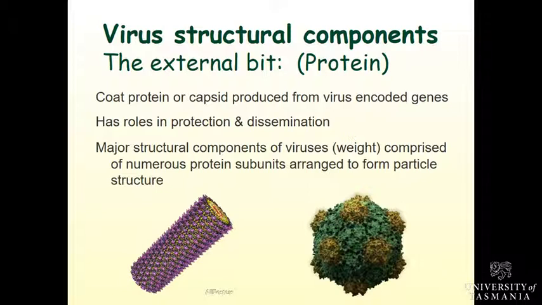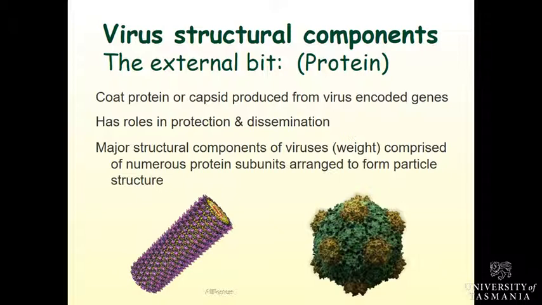This is the protein that will coat around the outside of the virus. Here's a schematic of a rigid rod, and you see each of these little purple lumps. That's a protein. It's exactly the same protein. So this is a coat protein, and there's thousands of them that coat around to make the whole virus.